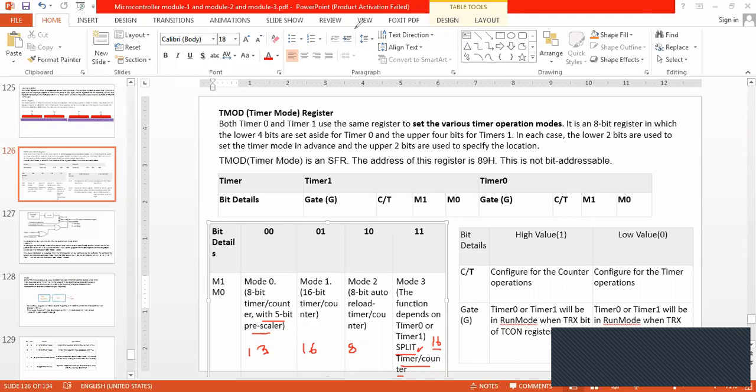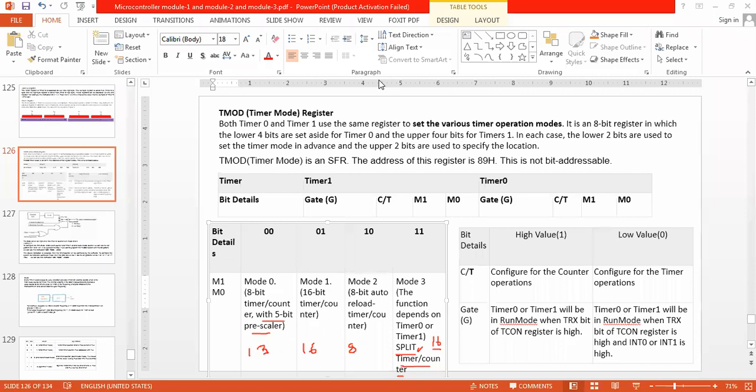Now, what are the next two bits? C by T bar and gate. So what is C by T bar? It is just selecting whether it is counter operation or timer operation. We have discussed that the counter operation uses an external clock frequency. In the previous slide we saw the difference between counter and timer.